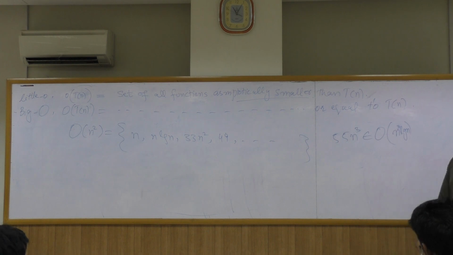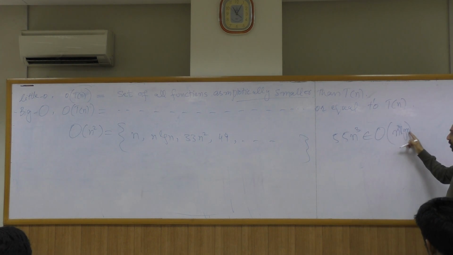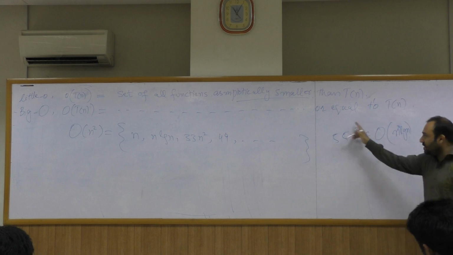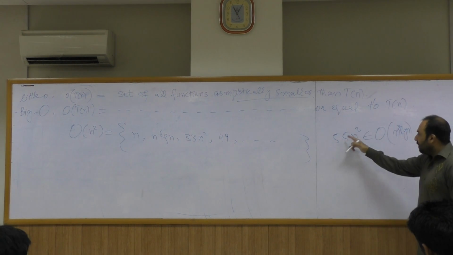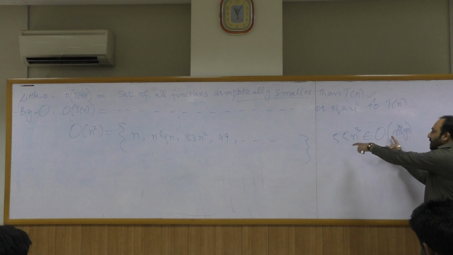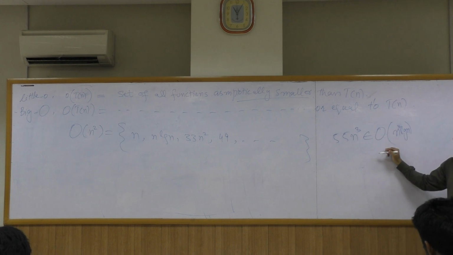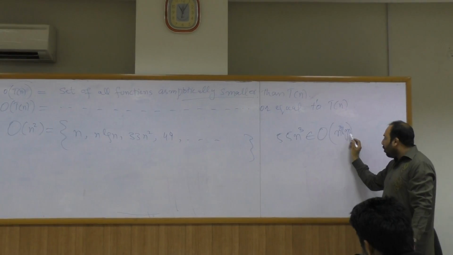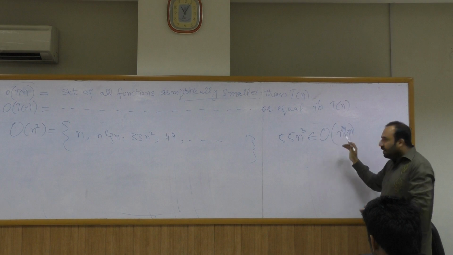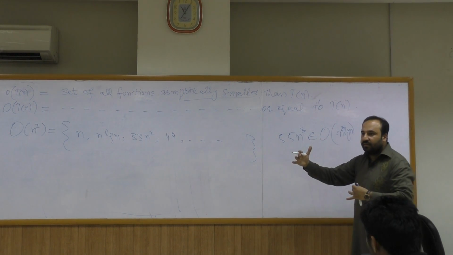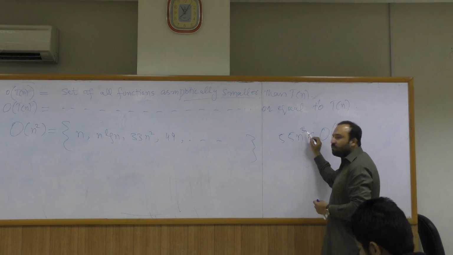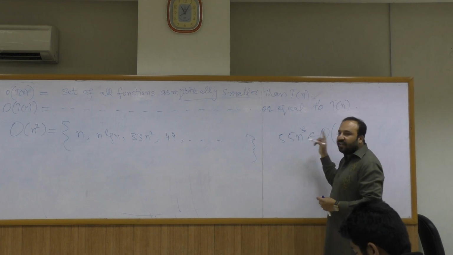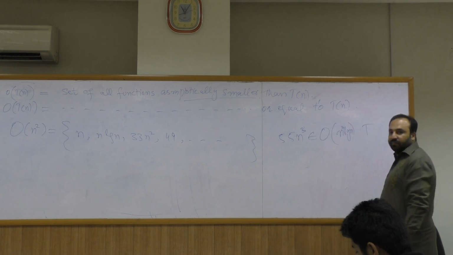True. Still true, because n cube log n is bigger than this, and this is smaller than this, so this is there in this set. समझ आ रही? जब log n को n cube से multiply करेंगे, it will make n cube bigger. And simply n cube is smaller than that. So smaller functions are there in the set, so this is true.